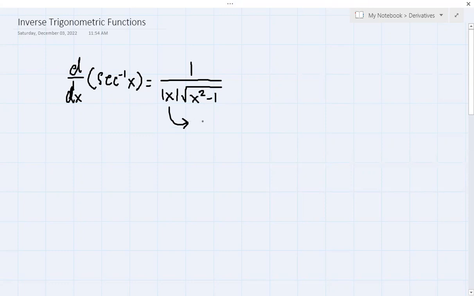Ito, recall lang to, extra information lang to. Kapag may nakita kang dalawang vertical lines and between them ay isang expression or isang term, ibig sabihin nun, absolute value siya ng term na yun. So, di ba meron tayong x dito sa gitna ng dalawang line? So, ibig sabihin nun, this is the absolute value of x.